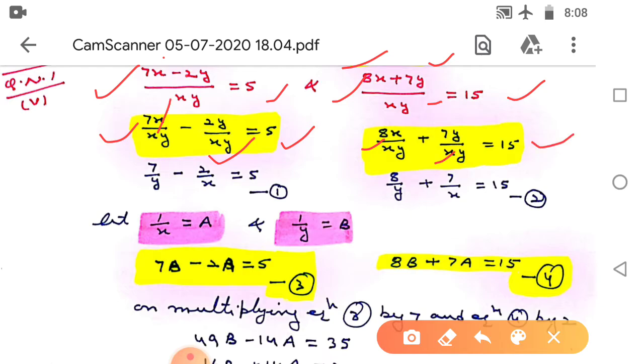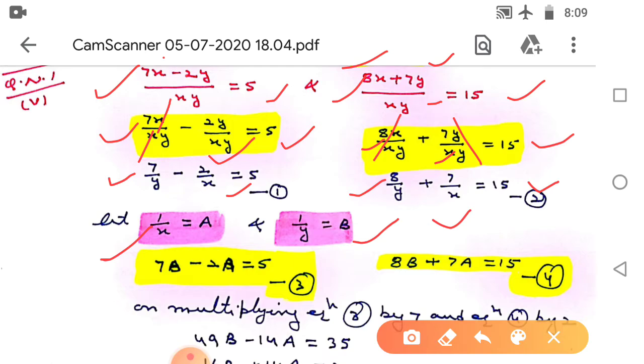So this x goes with this x, we have 7 upon y minus 2 upon x is equal to 5, and here also x goes, and here y goes. So 8 upon y plus 7 upon x is equal to 15. Okay. Now let 1 upon x be equal to a and 1 upon y be equal to b, because we need to convert these two equations into the form of a linear equation in two variables.